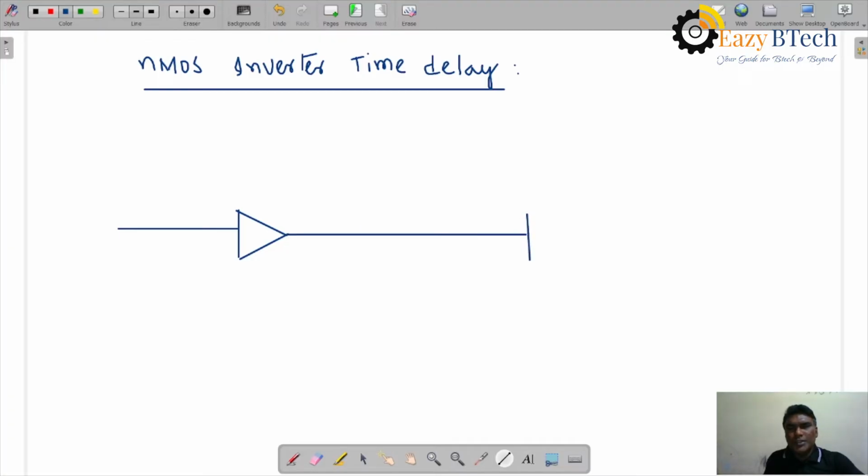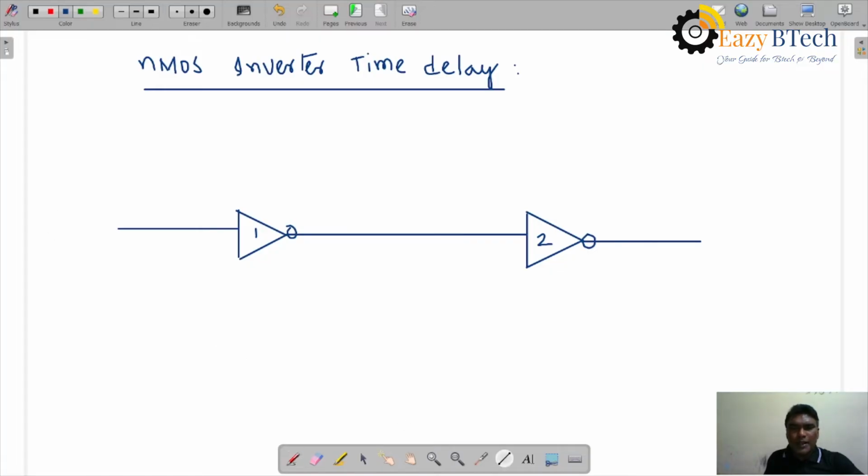Let us find out how much time is taken where one signal is applied from here, and the output of this one goes to this one, and what is the total time taken from input to output, and what is the inverter 1 output, what is the inverter 2 output, what is the total output, right? Here inverter 1, inverter 2, both NMOS inverters.